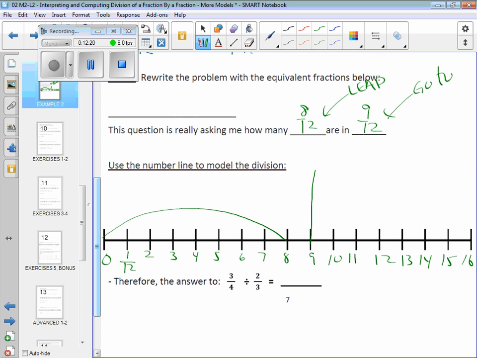So my second leap, even though it's a partial leap, lands me where? At 16. I'm going to do it as a dotted line. So now we know it's 1 and something. Does anybody know what that fractional leap is?